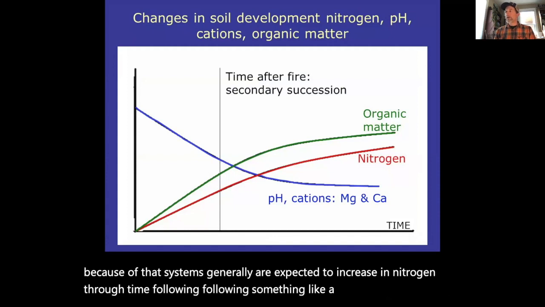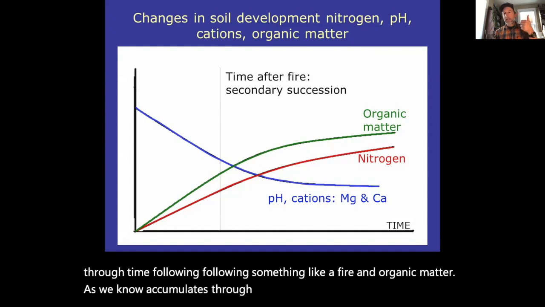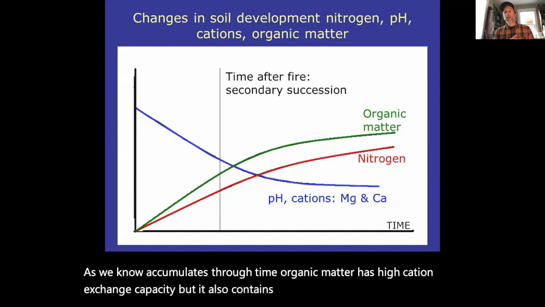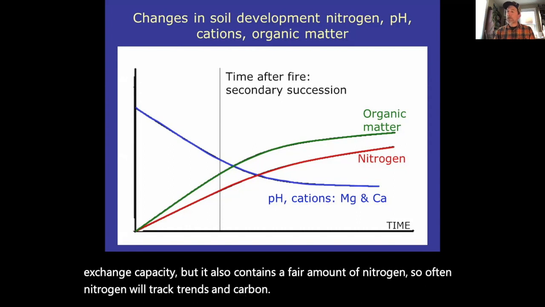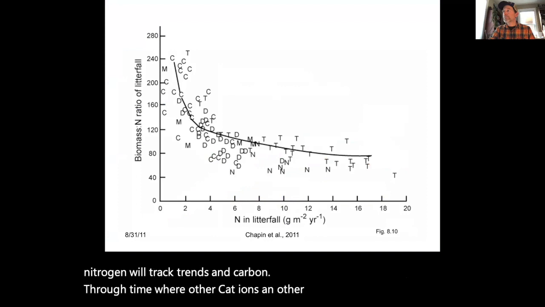And organic matter, as we know, accumulates through time. Organic matter has high cation exchange capacity, but it also contains a fair amount of nitrogen. So often nitrogen will track trends in carbon through time, where other cations and other soil properties may not.